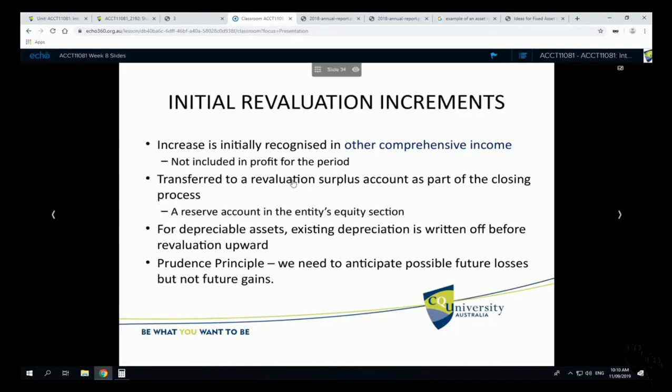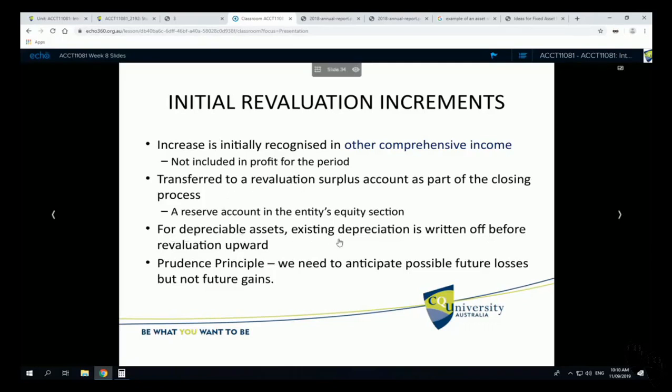Okay, so an initial revaluation increment, we call it, we recognise it in OCI, other comprehensive income. Not in the profit, don't put it in as revenue. It goes into other comprehensive income, and then as part of our closing off process, we transfer that to a reserve in equity on our balance sheet.